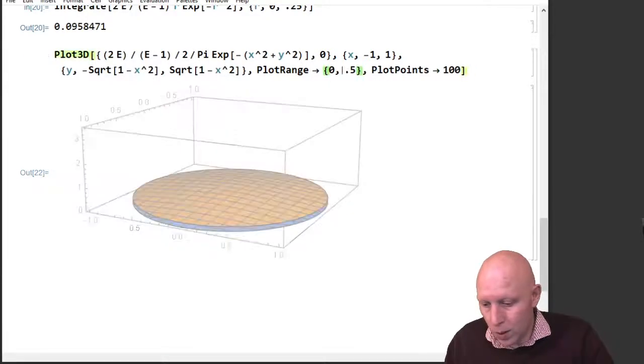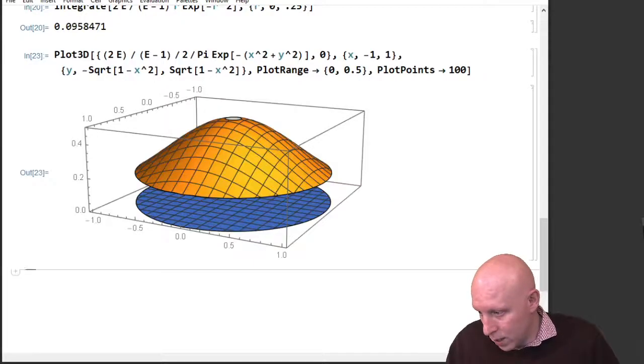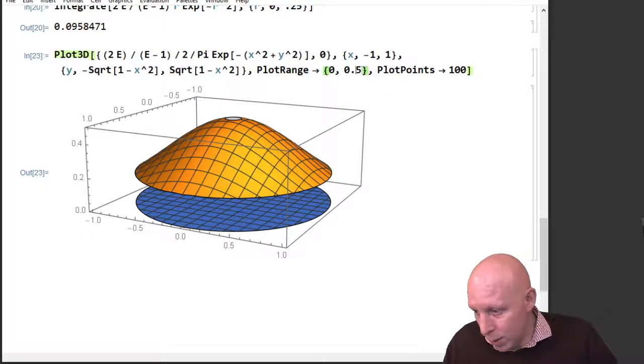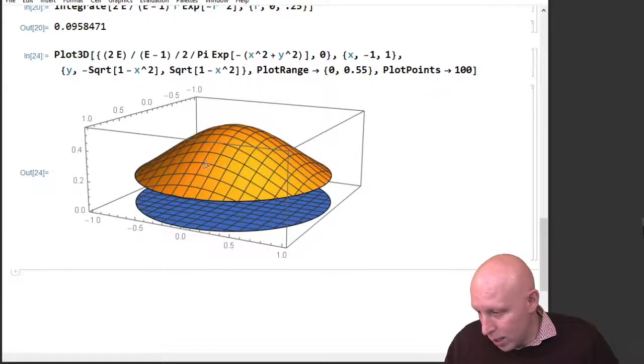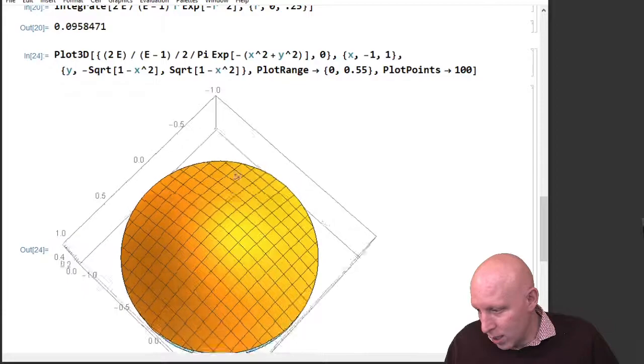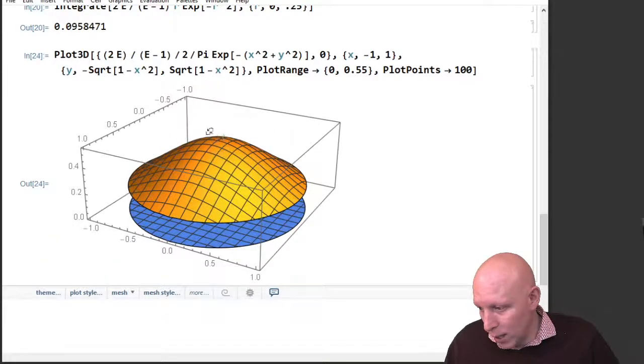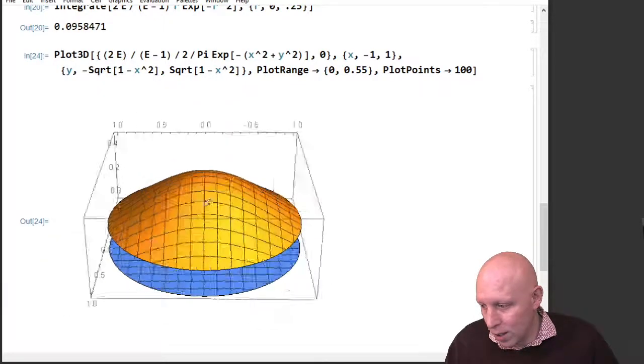So here is our probability density function. We can see that as a target, the archer is much likelier to hit in the center than on the outside.